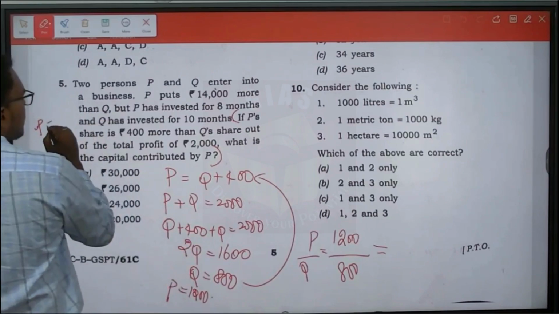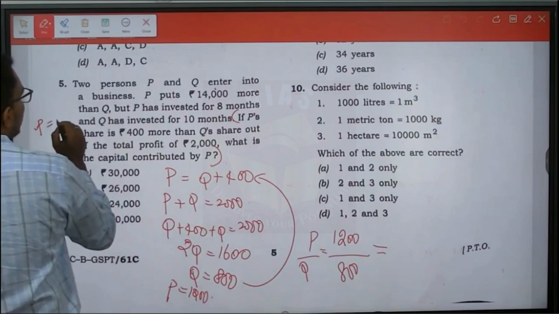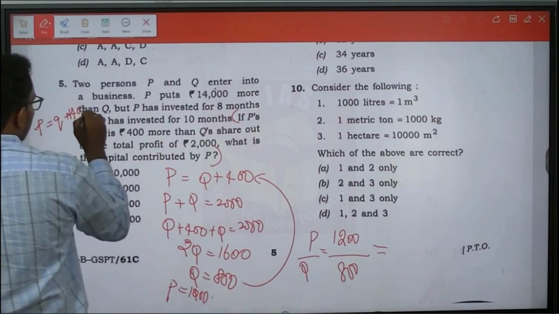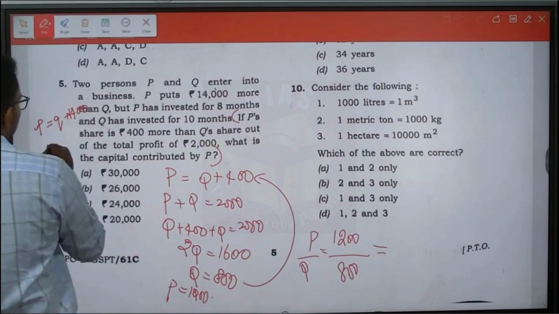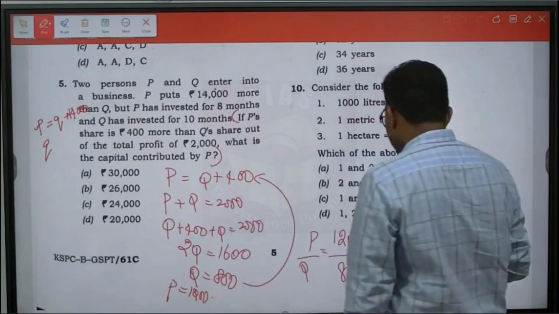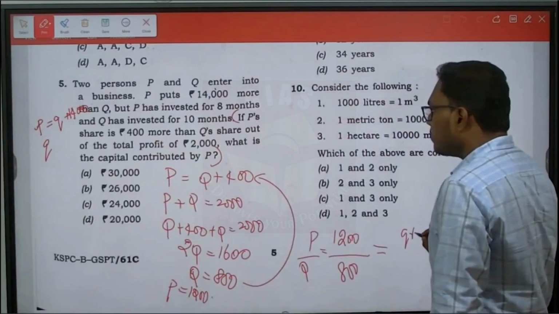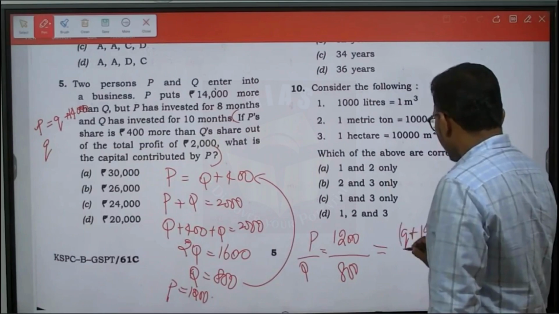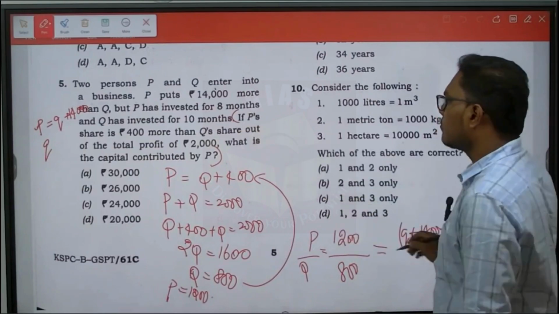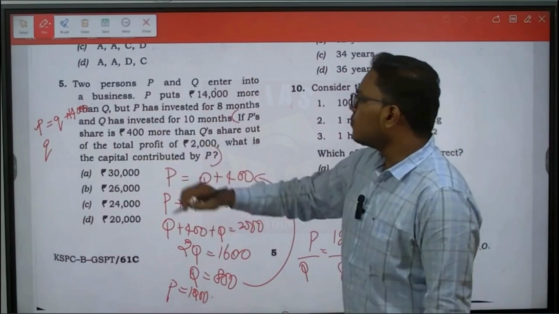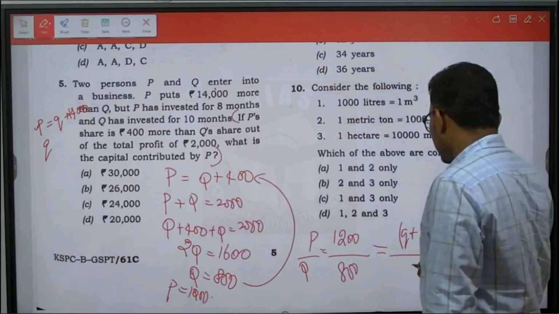Small p is 14,000 more than Q, so for P you can write Q plus 14,000, but he has invested for 8 months, and Q has invested for 10 months.